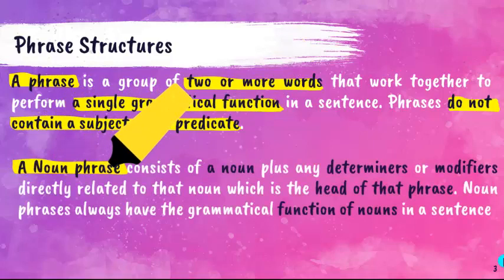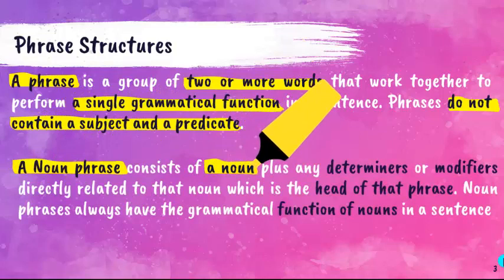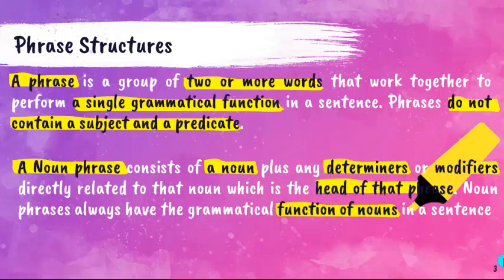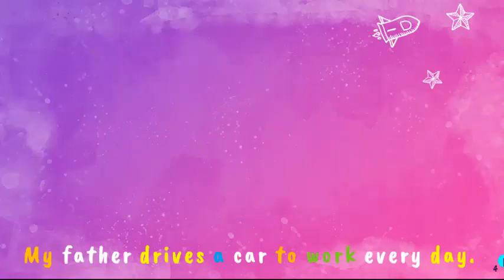Now, a noun phrase consists of a noun as a head word, the main word. In French, we call it le noyau, plus determiners, modifiers, and functions as a noun in a sentence.